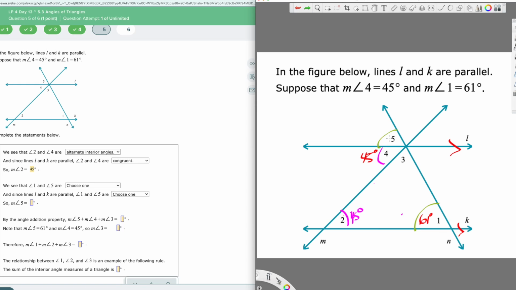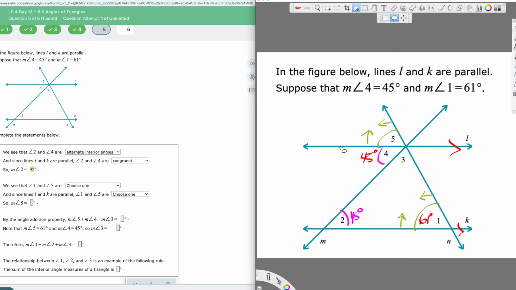So what I want to do is look at the position they're in. They're both to the left of their transversal, and they're both above their parallel lines. We say that these are in the same relative position, or corresponding angles. I think there is a lasso type thing.